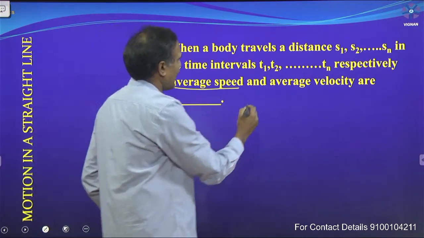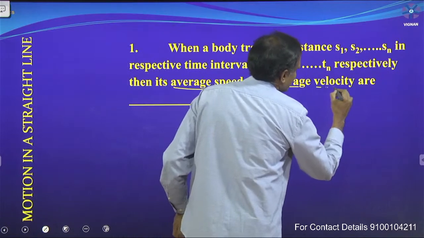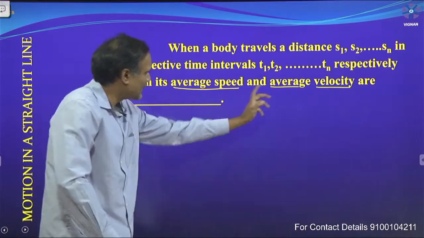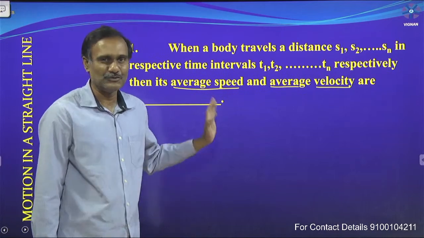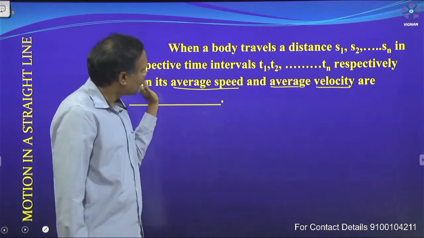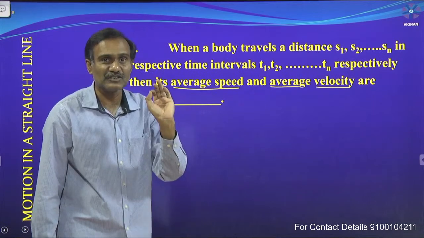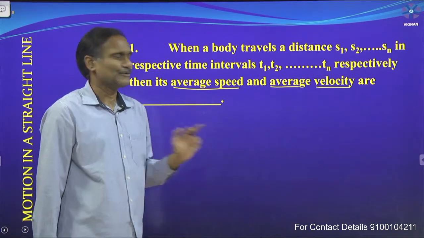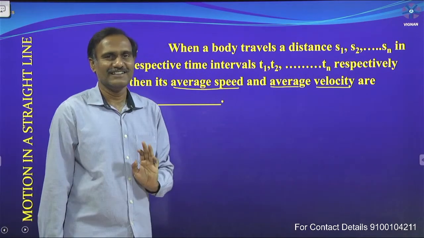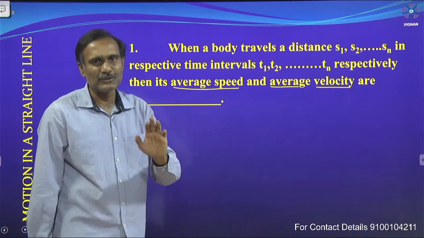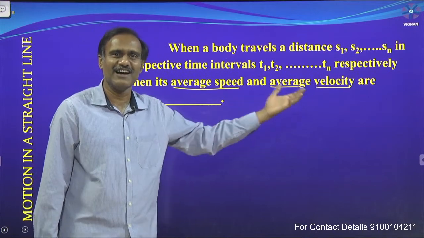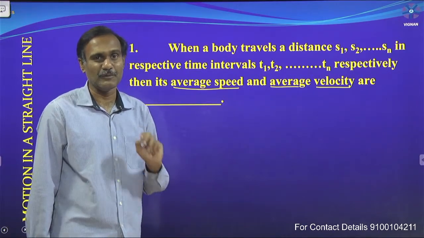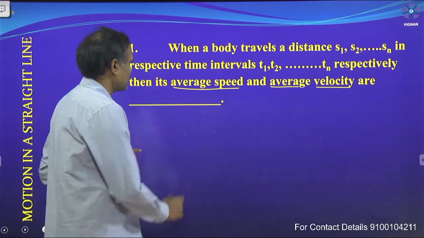Are these two equal or not here? Yes, these two are equal. Why? Because the body is moving along the same straight line. So we are going to calculate any one of them, either average velocity or average speed.